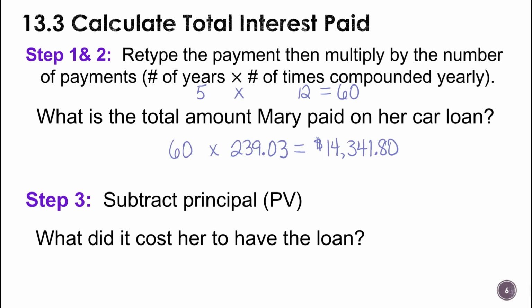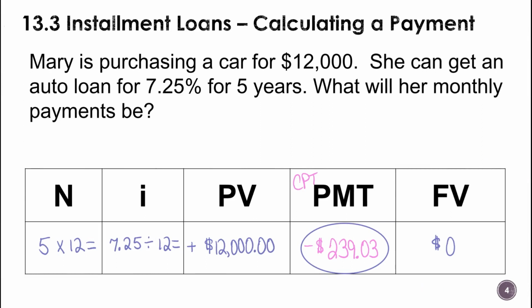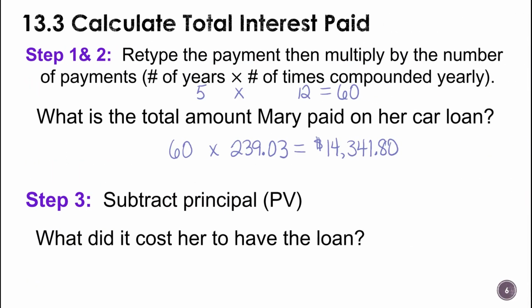Remember that we borrowed, how much did we borrow? We borrowed $12,000. Then we subtract the principal to see how much interest we paid. Obviously we have to pay back the principal. We take the $14,341.80, subtract the amount of our principal, the amount borrowed. This is always going to be whatever your present value was.